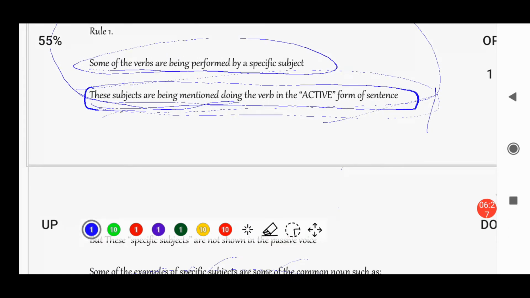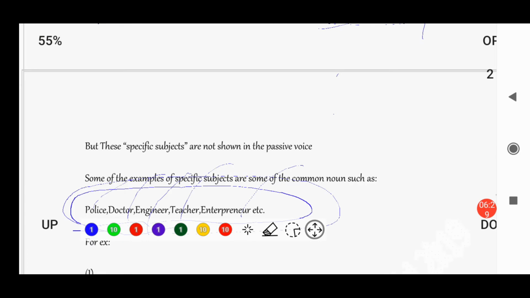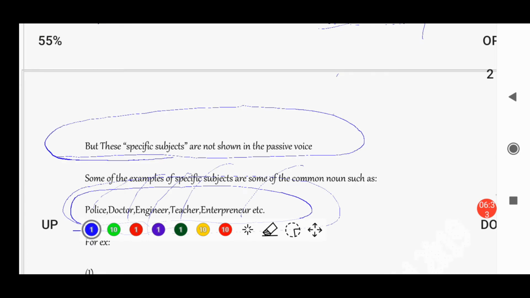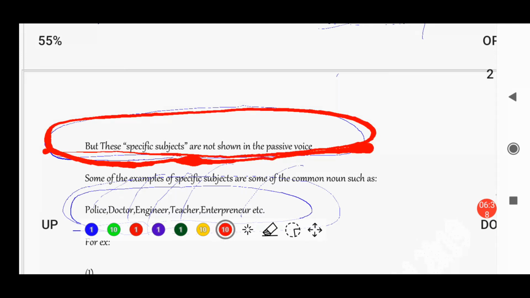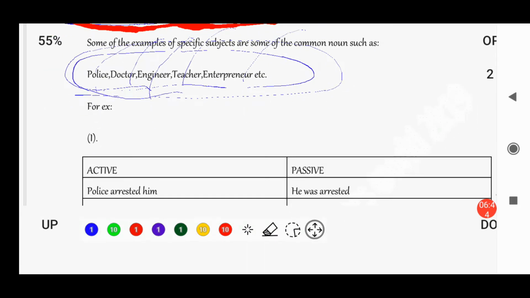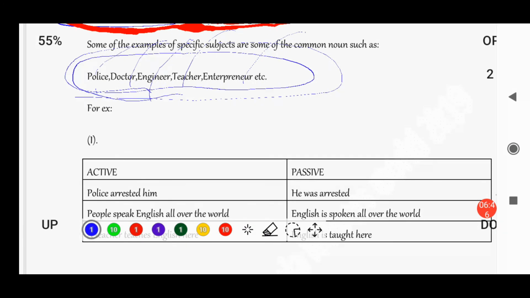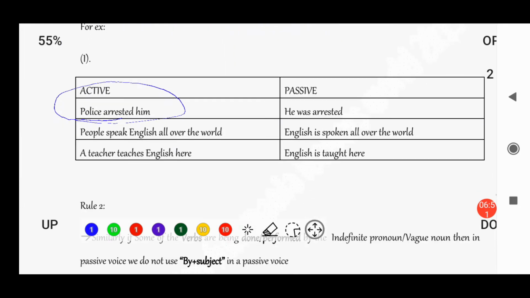So the main rule that I am going to tell you here is that these do not need to be mentioned in the passive voice. No need to mention these specific subjects in the passive voice during the conversion, because it is already known to us by whom this work is being performed. Suppose for example, three sentences are given.